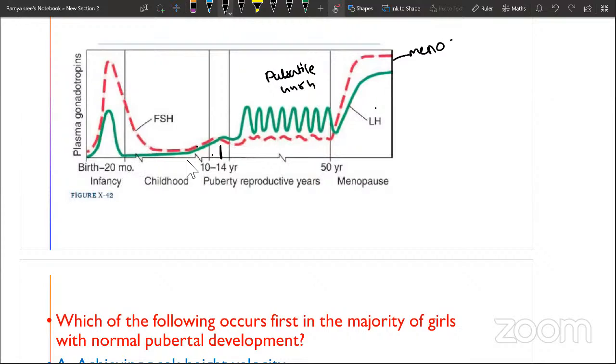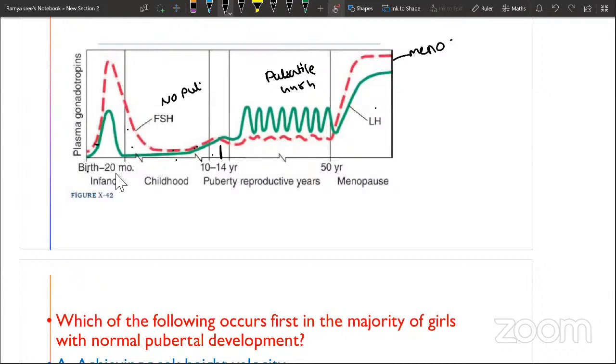GnRH also dancing, LH, FSH also dancing. Now coming to the childhood to puberty, no pulsatile GnRH, so FSH and LH will not be released. But from birth to 20 months, the withdrawal of estrogen and progesterone in utero will lead to a sharp rise in FSH and LH.